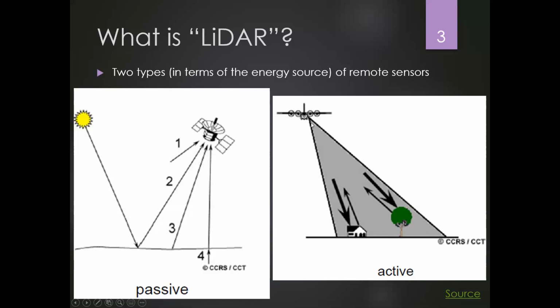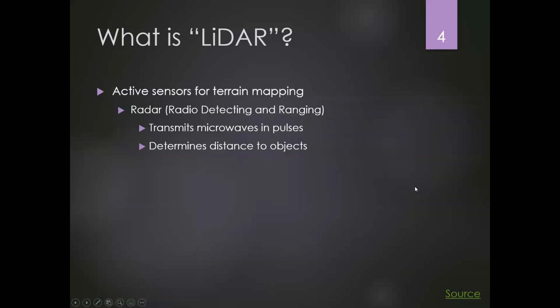Then we deal with the energy collected by the sensors and retrieve the information about the house, about the tree. So, passive remote sensing, active remote sensing, and you should know that LiDAR is a type of active remote sensing.